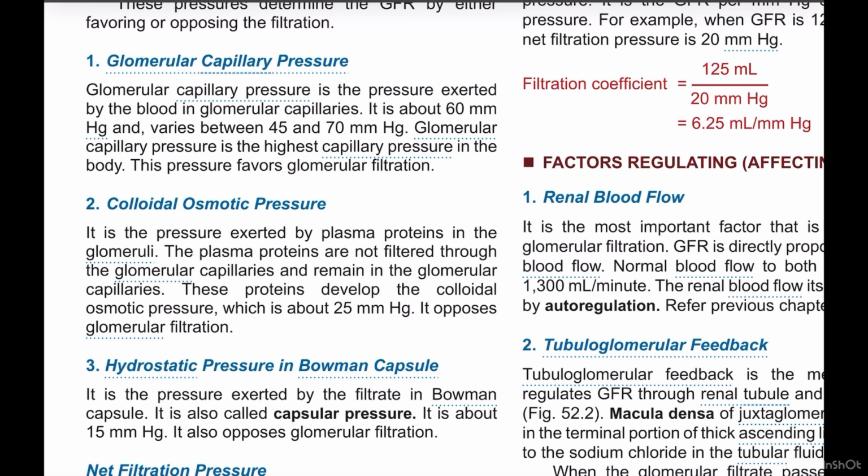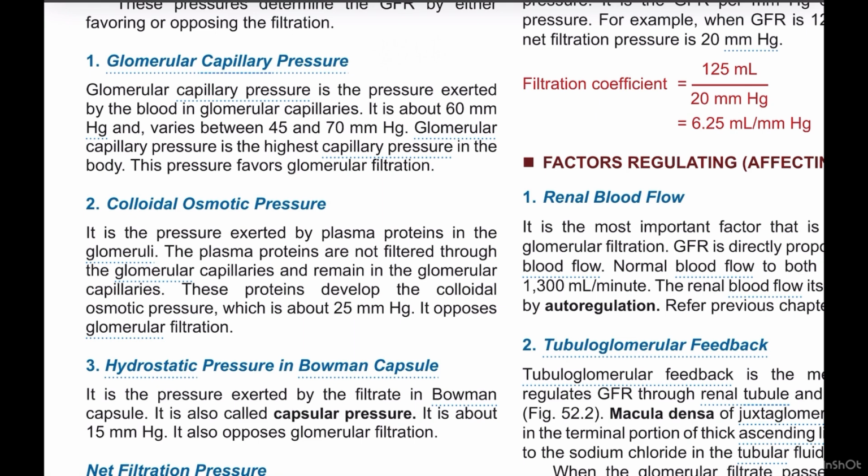This is the pressure exerted by the glomerular capillaries. It is around 60 mm Hg, and varies from 45 to 70 mm Hg also. That's the glomerular capillary pressure, GCP. This pressure favors glomerular filtration.